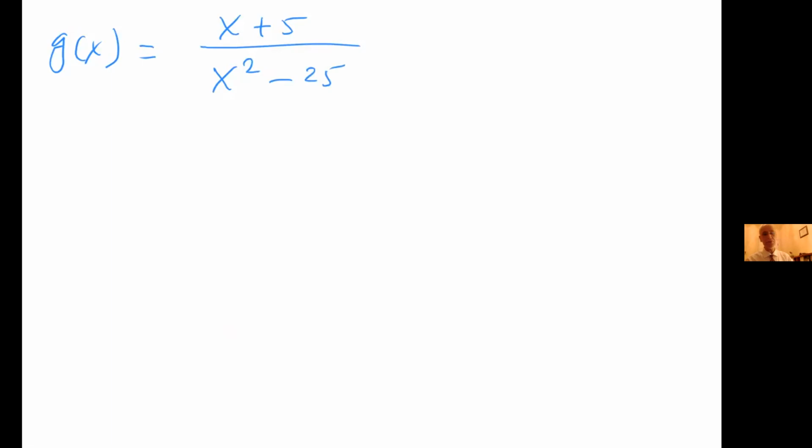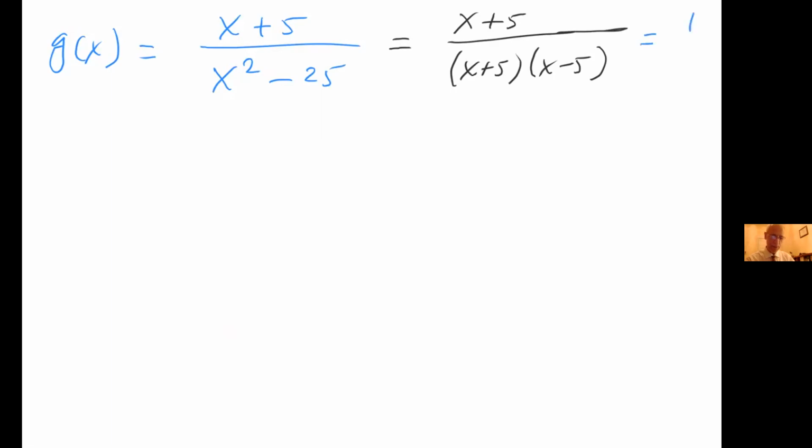If I factor the denominator, then I have x plus 5 over x plus 5, x minus 5, a difference of two squares. And notice that this is the same as 1 over x minus 5.